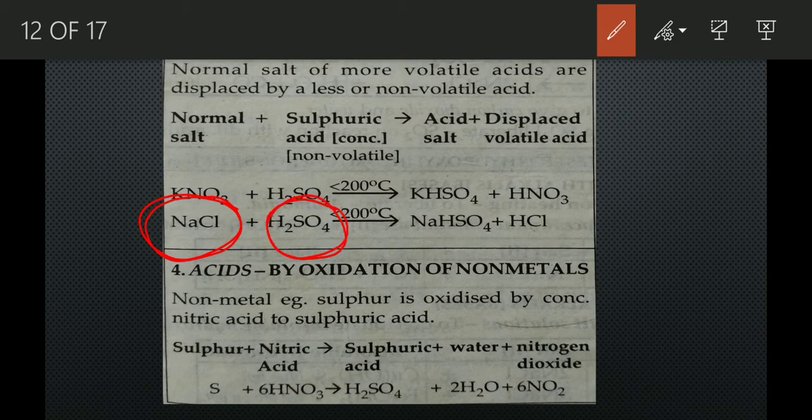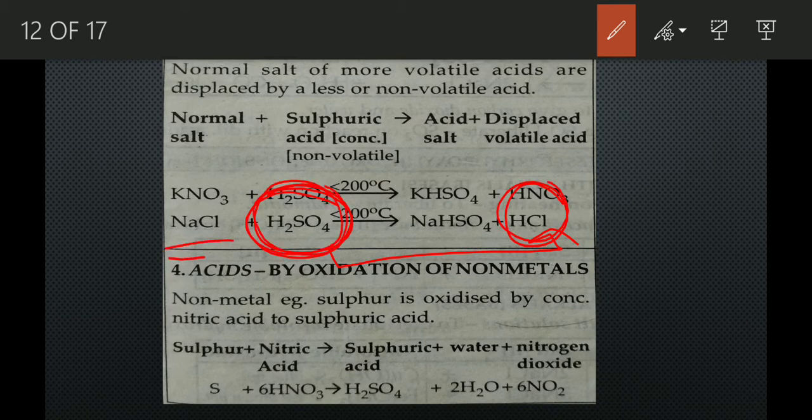It forms an acid salt and it displaces a volatile acid. From H2SO4, HCl is prepared. From one non-volatile acid, a volatile acid is forming. HCl is a volatile acid and H2SO4 is a non-volatile acid.